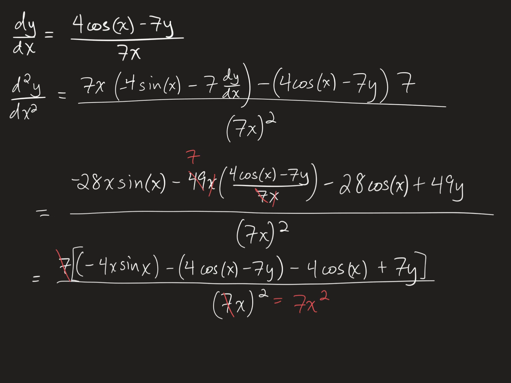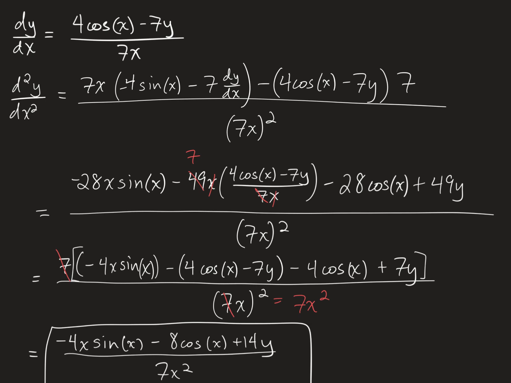Then the only other thing that I see can happen is we can simplify some of these terms in the numerator. Right, we have a minus 4 cosine of x minus 4 cosine of x. We have a plus 7y plus 7y. So just combine those, and we get our final answer for the second derivative.